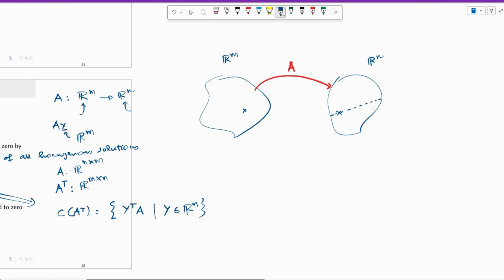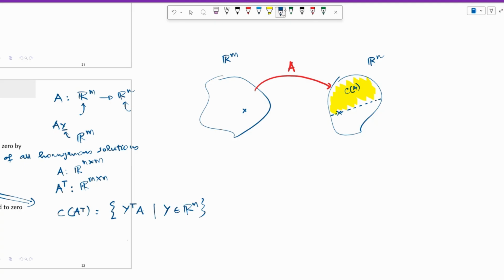The column space is essentially the part of the output space that can be reached by simply doing Ax. If you are completely free to choose any point from the input space and you multiply that point by A, the part of Rn that you can reach by doing this operation is your column space. This is all we can reach. Okay, that's the column space.